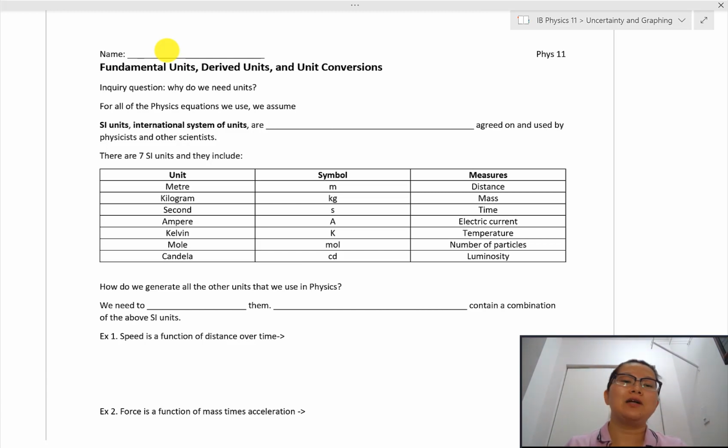So before we start off, my question for you is, why do we need units at the end of our numbers? And if you're thinking about, yes, communicating, you have to be communicating what these numbers mean, you're absolutely correct. Because if you're going to tell me, hey, Miss Lee, I'm going to give you 5.